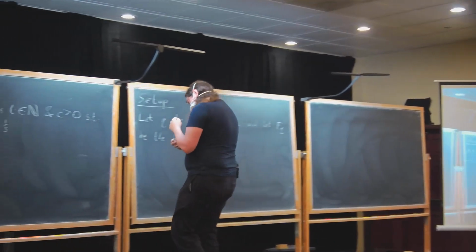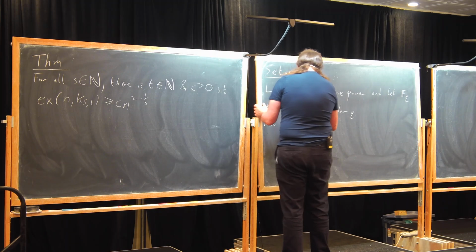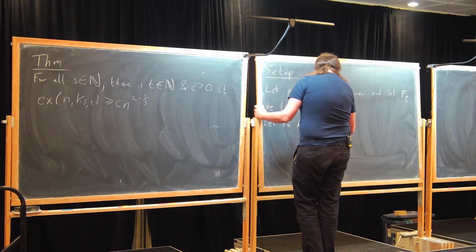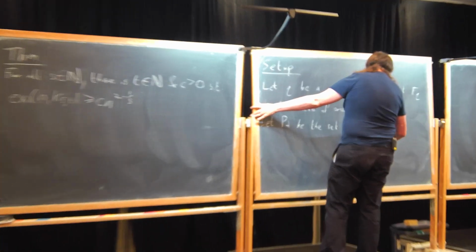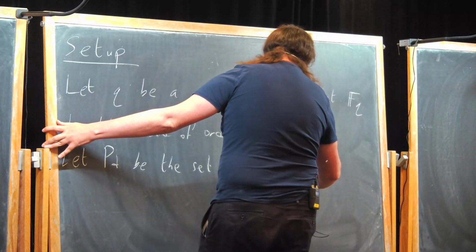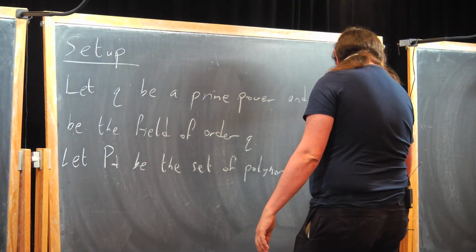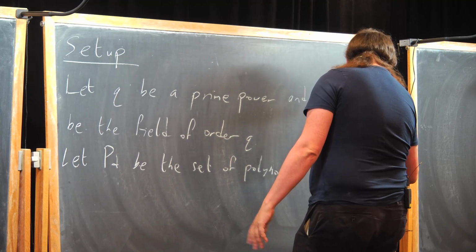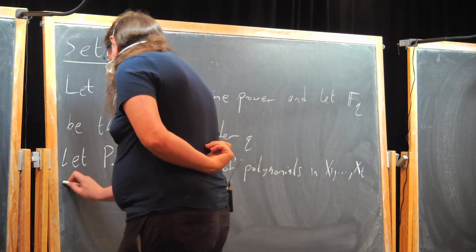So we're going to let P_d be the set of polynomials in t variables. By rights, I should put a t there, but let's not worry too much about that. t variables x_1 up to x_t with degree at most d.